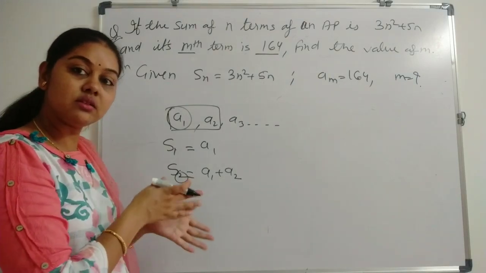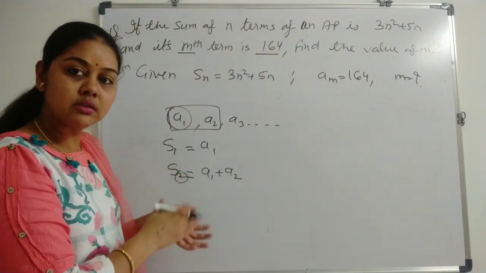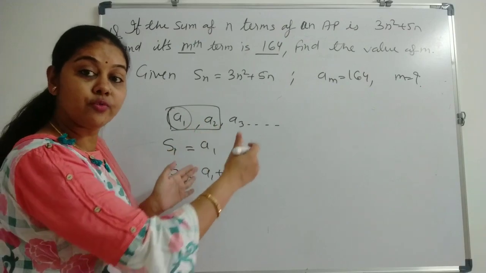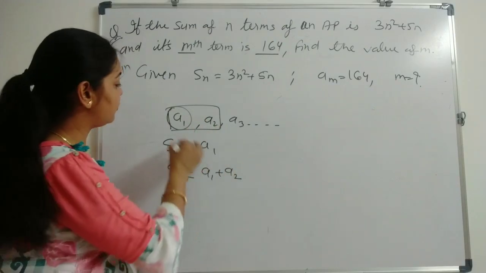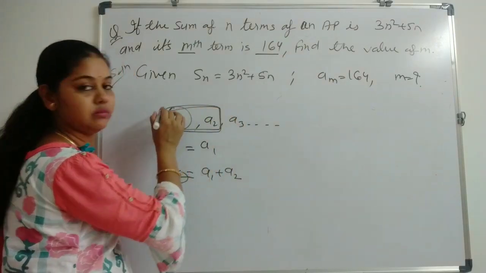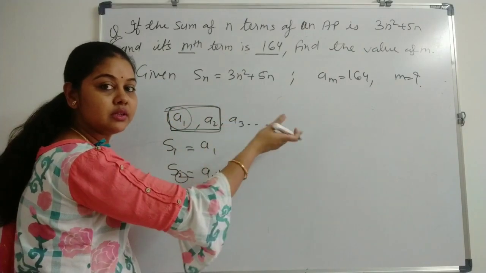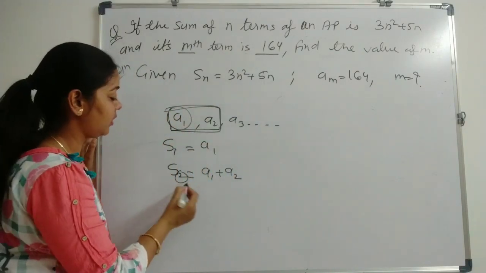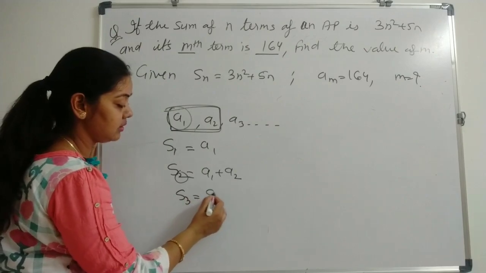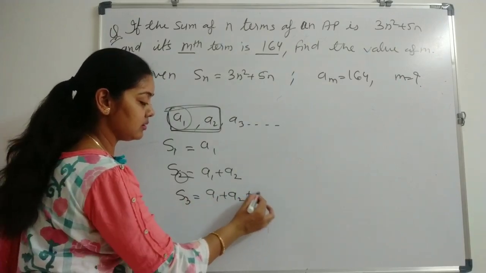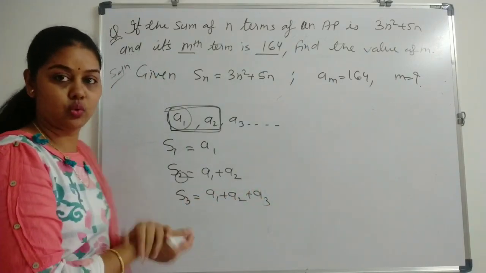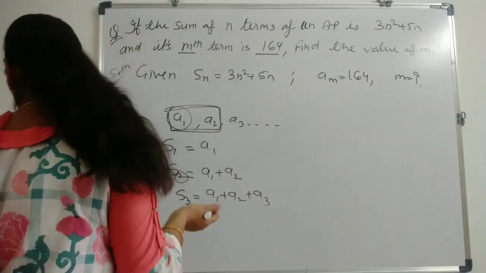When we are taking the sum Sn, Sn shows the sum of the first n terms. It means we have to start with the starting term. We cannot take any middle two terms. Okay? S3 means A1 plus A2 plus A3 and so on. Okay, students?